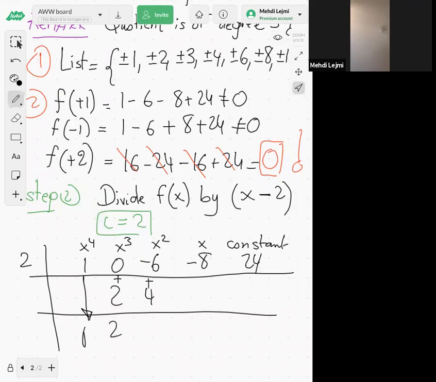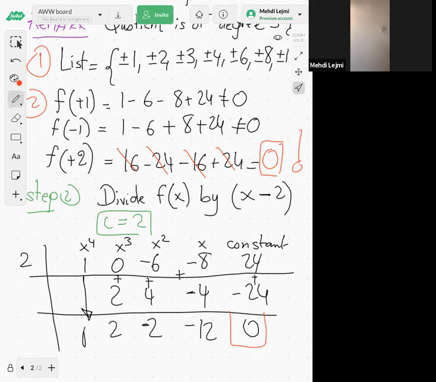Negative 6 plus 4 is negative 2. 2 times negative 2 is negative 4. Negative 8 plus negative 4 is negative 12. Negative 12 times 2 is negative 24. And 24 plus negative 24 is 0. So as expected, we get 0.